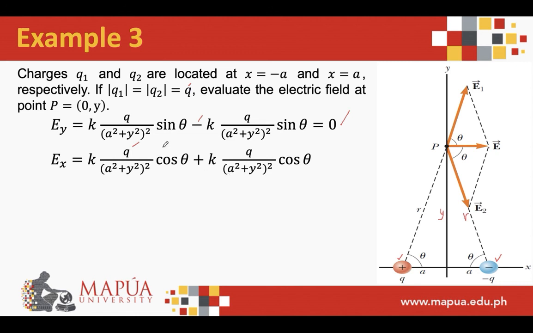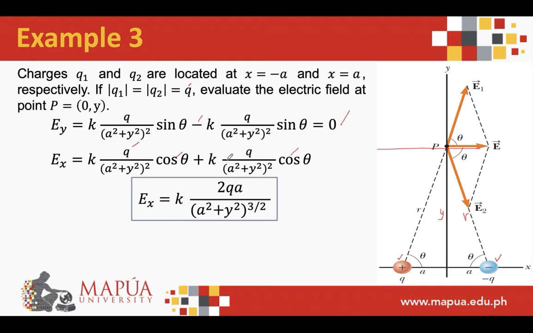Using again this formula, but this time we get the x component, so multiply by cosine theta. Simplifying, we have the same quantity, so just multiply by 2. But take note that your R is square root of A squared plus Y squared.